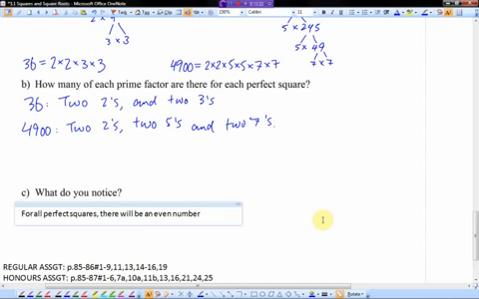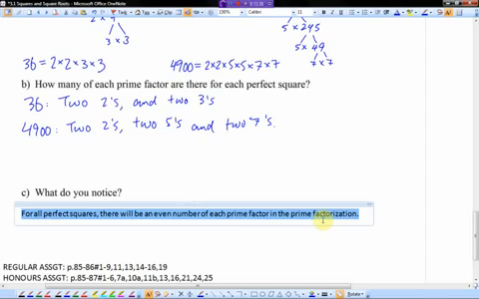There will be an even number of each prime factor in the prime factorization. So that is a property of perfect squares.